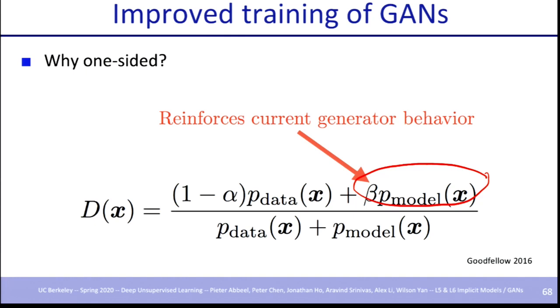And so they remove the noise. They don't use any label smoothing for the generated samples, but they only use label smoothing for the real data samples. The reasoning is very heuristic. You should take it with a grain of salt. But this label smoothing technique is very useful for training GANs.